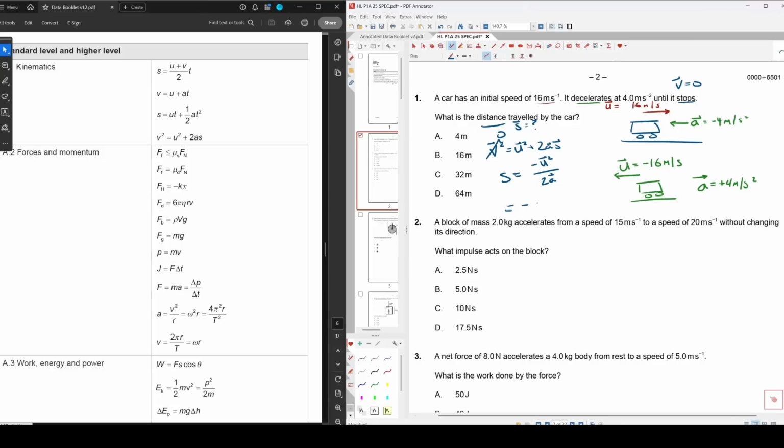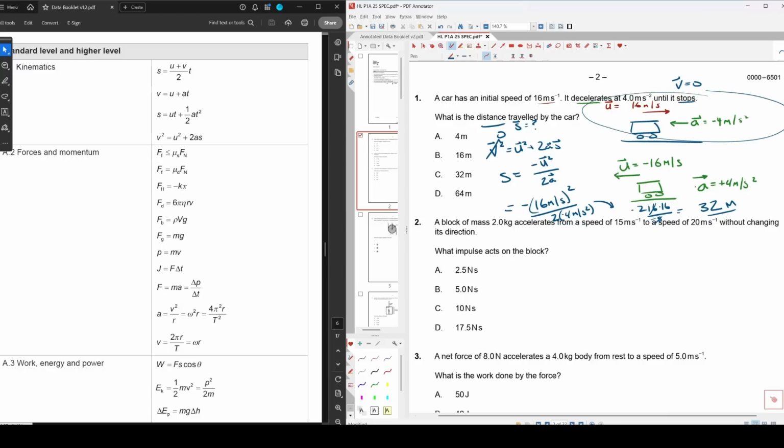So it's going to be negative 16 meters per second squared over 2 times, sorry, negative 4 meters per second squared. Okay, 16 squared over 2 times 4. Oh, it's like 16 times 16 over 8. What's this, 32? And I got a negative over a negative. I have a positive 32 meters.